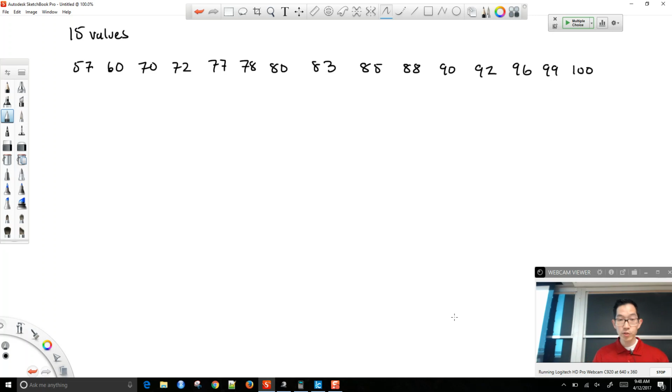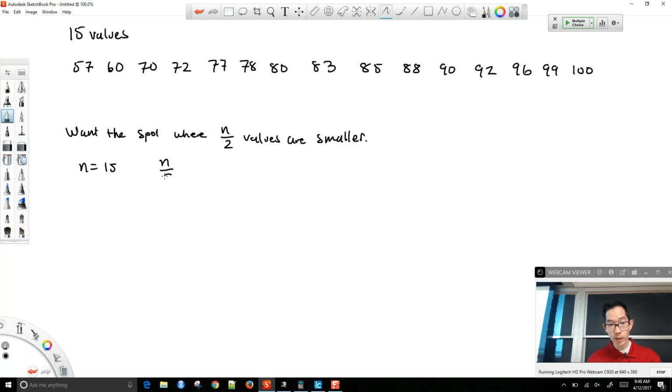And what we do is, same thing, we say, okay, we want the spot where n over 2 values are smaller. Okay, but I've got 15 values, so n is 15, so n over 2 is 7.5. So I want the spot where 7.5 values are smaller. That doesn't work, so we round 7.5 down to 7. Okay, and so I count over, 1, 2, 3, 4, 5, 6, 7.